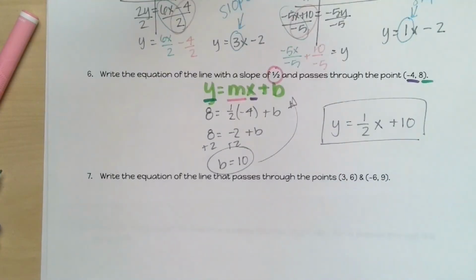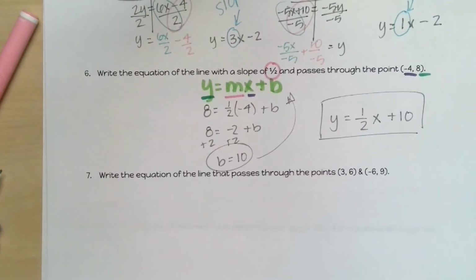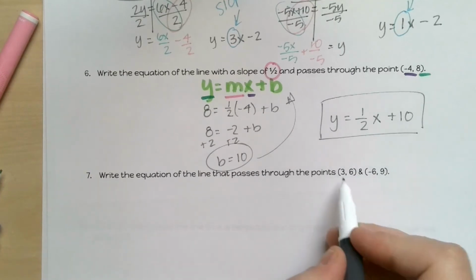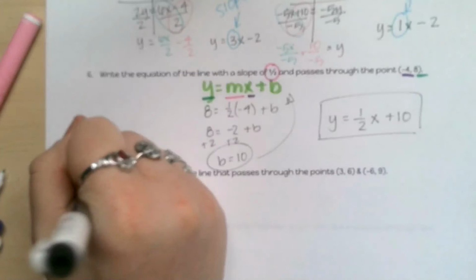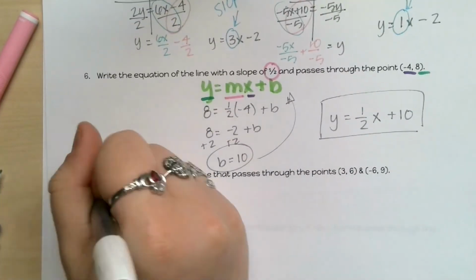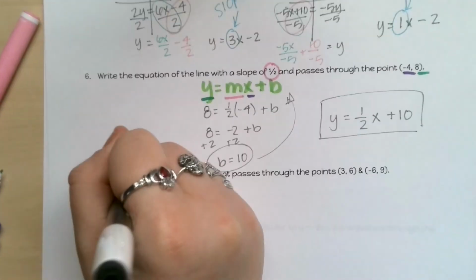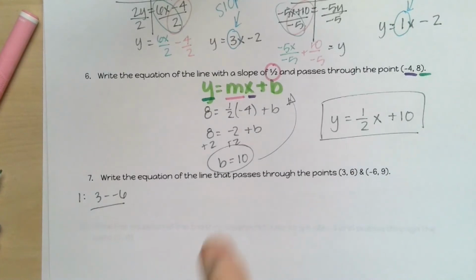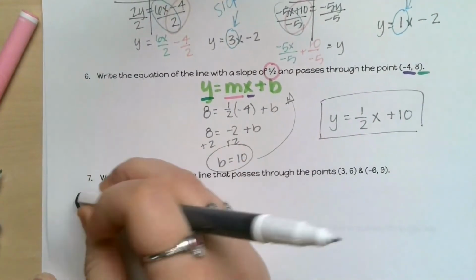Next one, super similar, except there's just an added step. So our first step is to find our slope. So remember, we use our slope formula. We're going to do 3 minus negative 6. Oh, my bad. Those are our x values. I got ahead of myself.